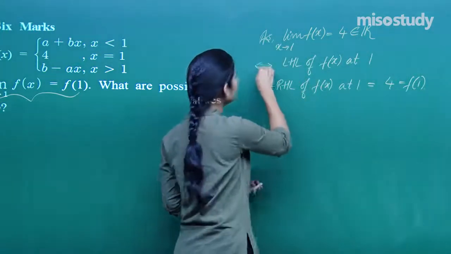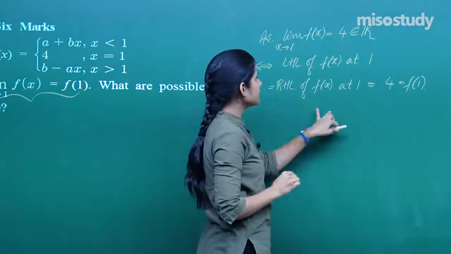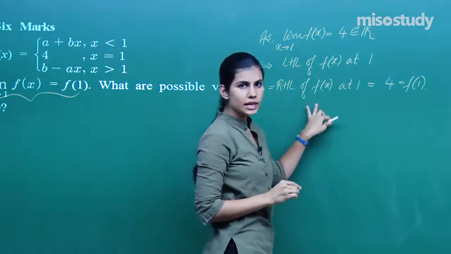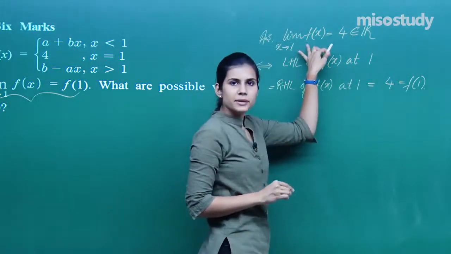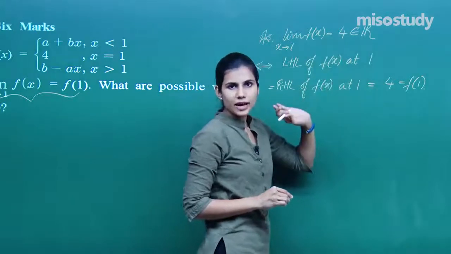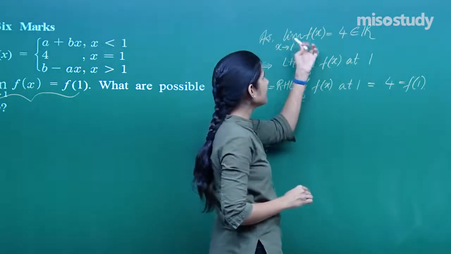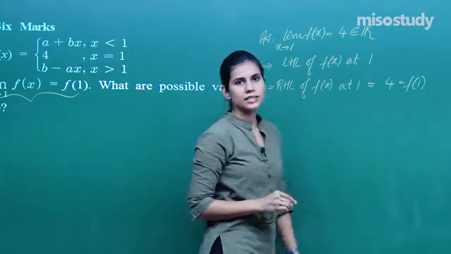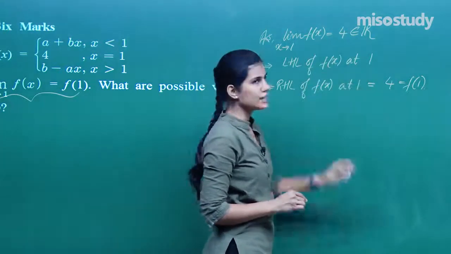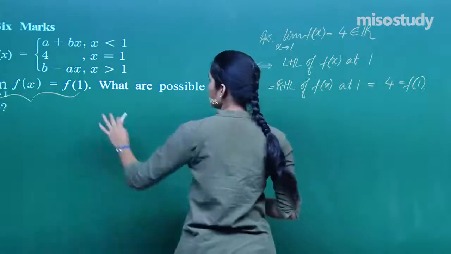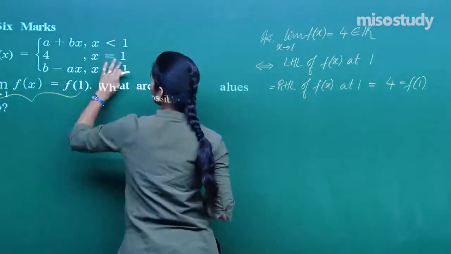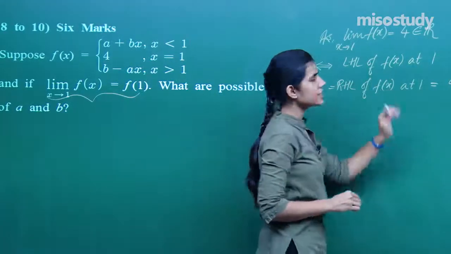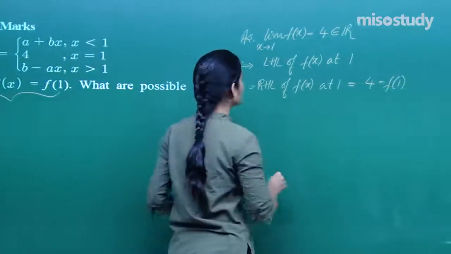This is if and only if the LHL is existing, the RHL is existing, and both are equal to the same real number, then I say the limit exists and is equal to that particular value. Here it is saying the limit is already existing, that means obviously the LHL and RHL of f exist at that point and both are equal to the value of the limit. It is given to be equal to f of 1, you have to decode that f at 1 is equal to 4, so the limit is actually given to be equal to f of 1, that is 4.